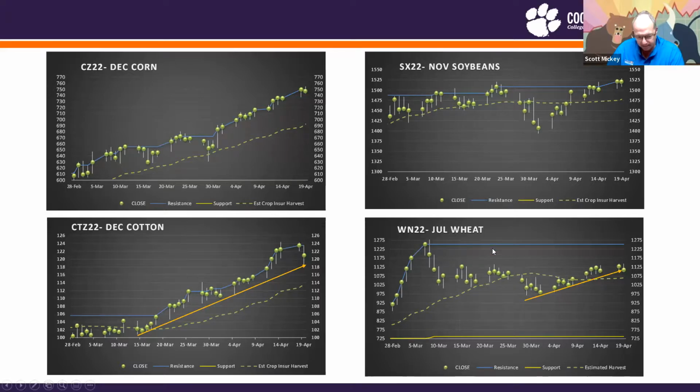July wheat certainly took off when the invasion first started, got as high as 12.50 or so. Since then, it backed off. And then once the planting intentions were reported at the end of March, we've kind of had a small rally from about 10.25. Currently it's trading around 11.25. Hopefully in South Carolina, we've moved past some of the weather concerns from frost, although it doesn't feel like it this week.